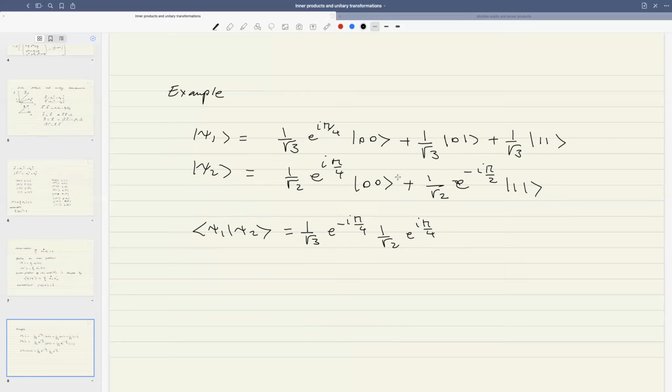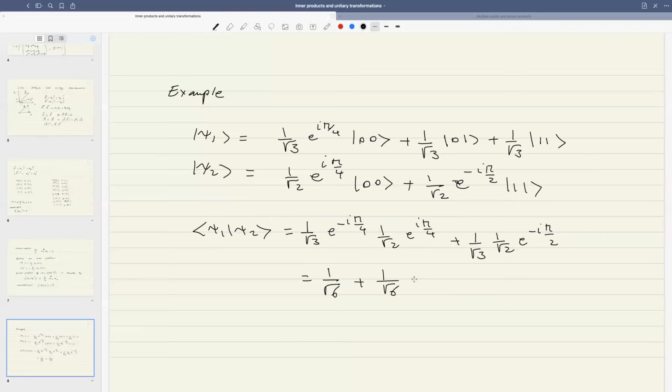The next one is 1, 0. For 1, 0 the coefficient is 0 for both, so I'm not going to get anything. And the last one is 1, 1. So I take the complex conjugate of this real number, which is the same, times this number here, e to the minus i pi over 2. And that's my answer. These guys cancel out, so it's going to be 1 over square root 6 plus 1 over square root 6.